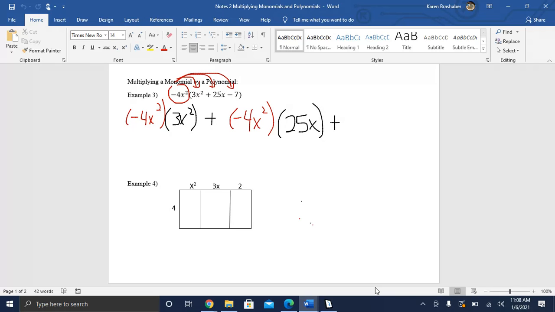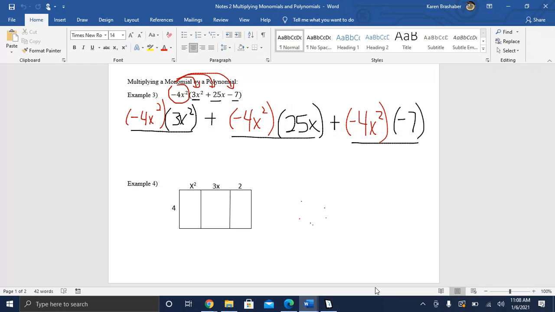Then we're going to put a plus sign, and we'll go back to our -4x to the 2nd and multiply that by -7. So notice that my polynomial had 3 terms, and so I should have 3 terms in my final answer. Terms are separated by either addition or subtraction signs.